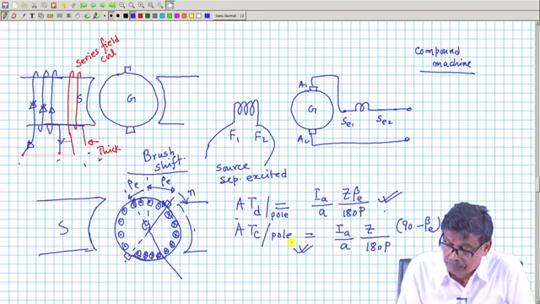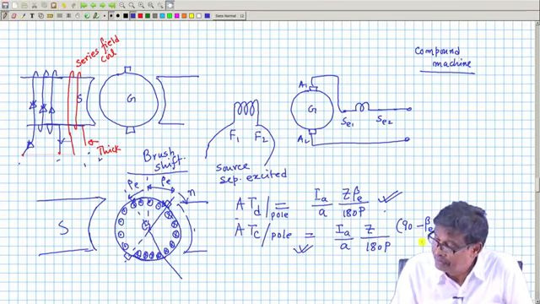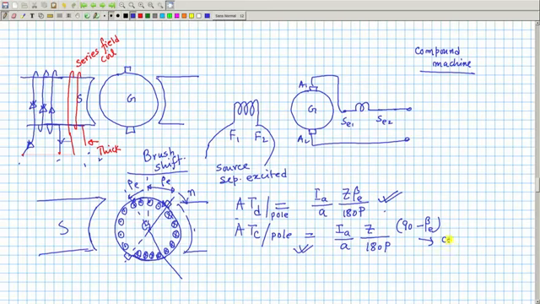ATC per pole can be compensated by the interpole alone, because it is not the full thing that will be left over.